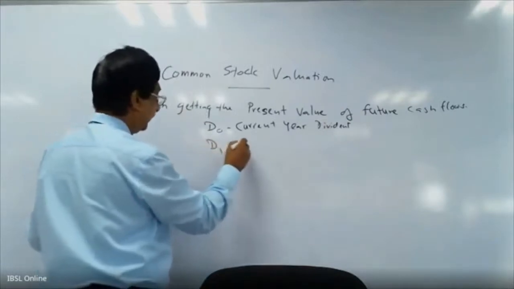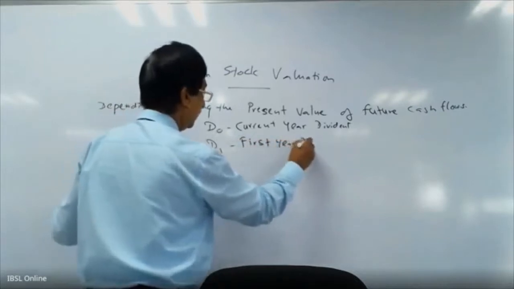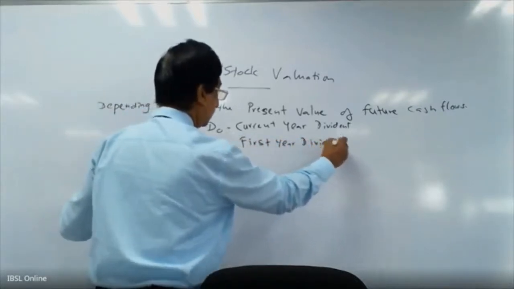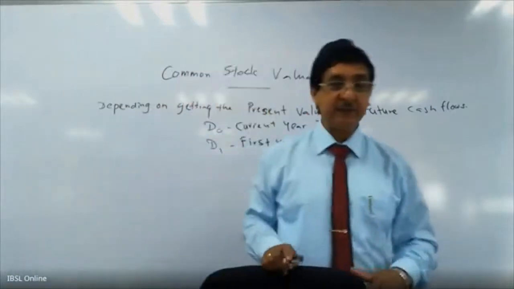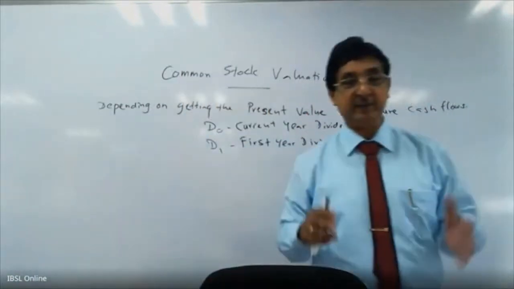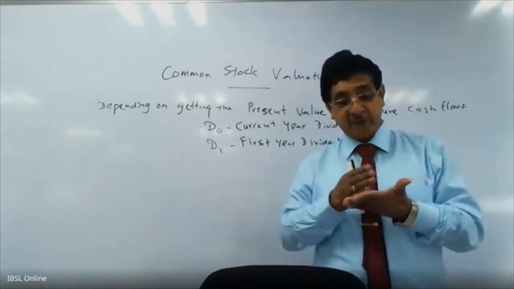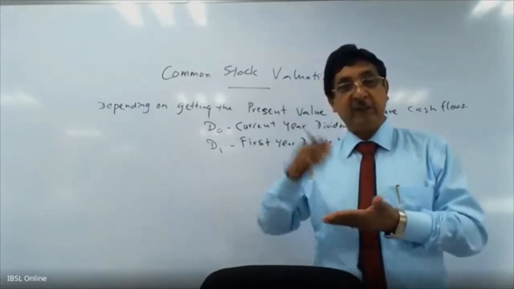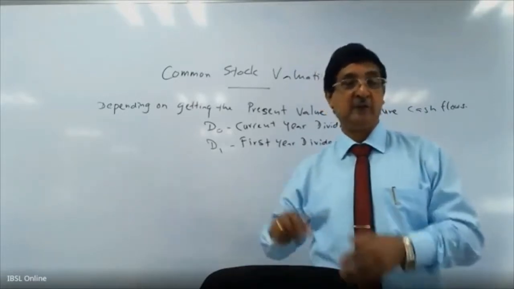D1, first year dividend. In normal circumstances, there's a growth in dividends. Growth in the sense that from year to year it will increase, and there will be a constant rate of growth.